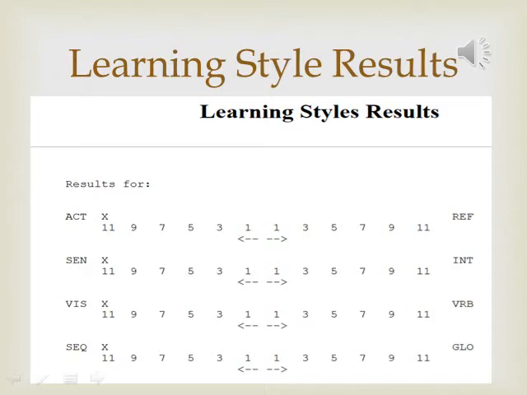The first of four graphs examines active versus reflective learners. Active learners tend to retain and understand information best by doing something active with it, discussing or applying it or explaining it to others. Reflective learners prefer to think about it quietly first. Sensing learners on the second graph tend to like learning facts and prefer solving problems by well-established methods.